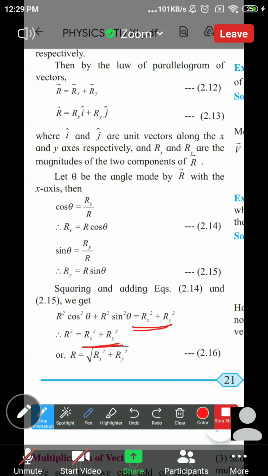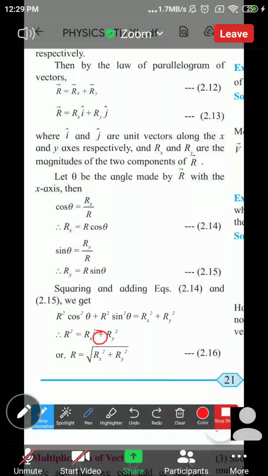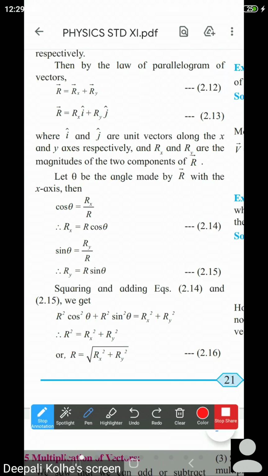Take the square root on both sides of this equation. Equation 2.16 is obtained. यहाँ पर r square है तो यहाँ r आ जाएगा. But here is addition, so we cannot write here Rx plus Ry simply. This is the bracketed term.